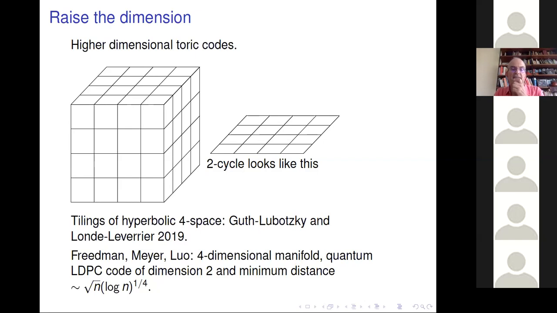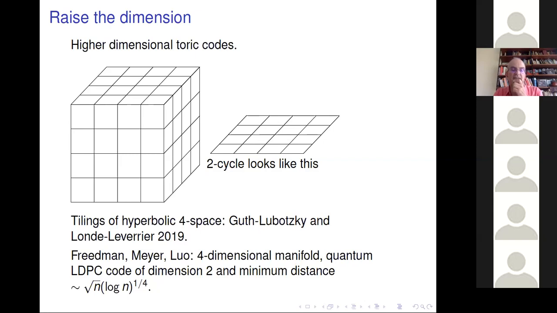So this idea has given several very interesting constructions of quantum LDPC code. Some relatively recent ones are by Boot and Lubotzky, where they use a tiling of hyperbolic four-space.